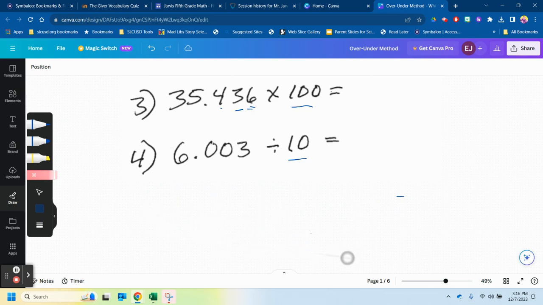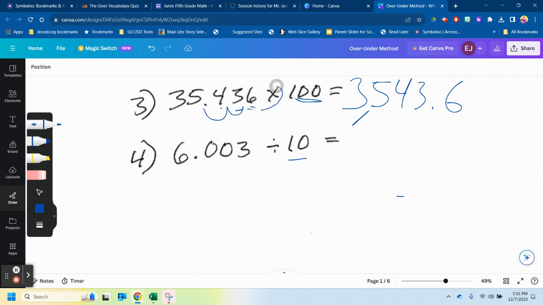So now we're multiplying decimals. If it's 35 and 436 thousandths, and we're timesing it by 100, we look at how many zeros are in this number. 100, there's 2. So we move the decimal point 2 places to the right. 1, 2. And the number is 3,543.6.